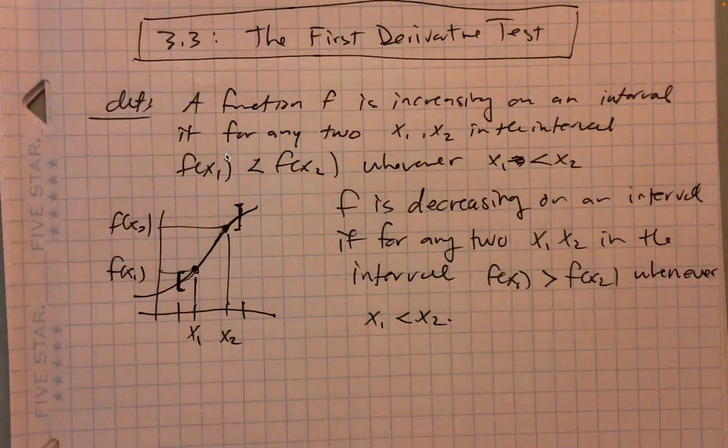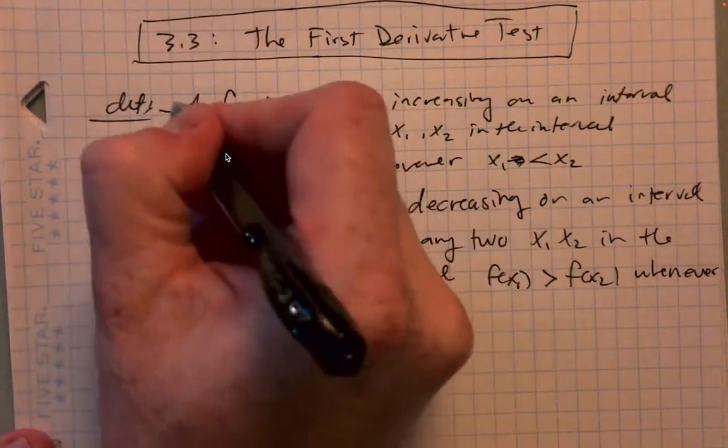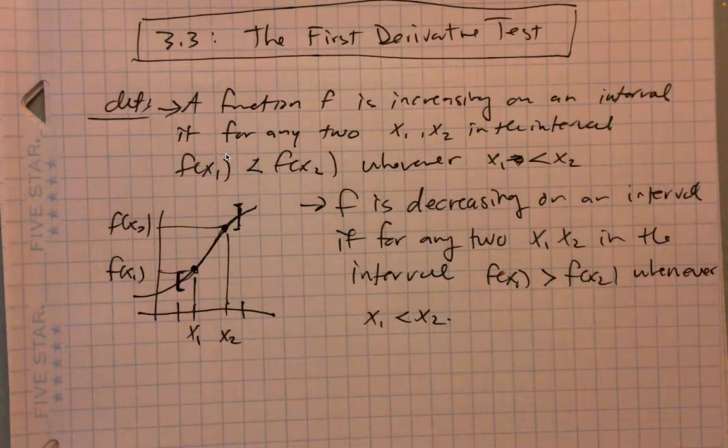So x1 and x2 are going to have the same relationship in both cases, but the f of x1 and the f of x2 are going to be the reverse.